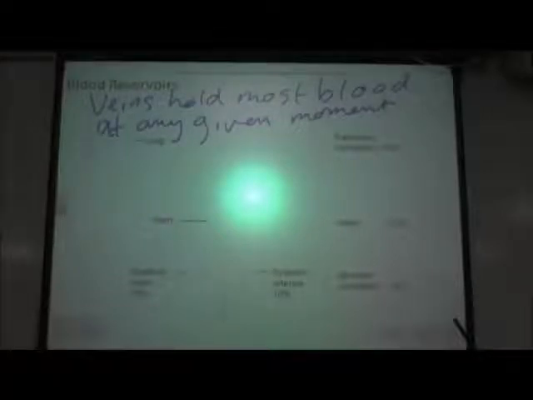Any questions on that? Does it make sense how our veins are our blood reservoirs? They're holding most of our blood. We can access that if we need to for increased activity. And we'll talk about how we move blood out of veins in just a minute. Any questions so far?